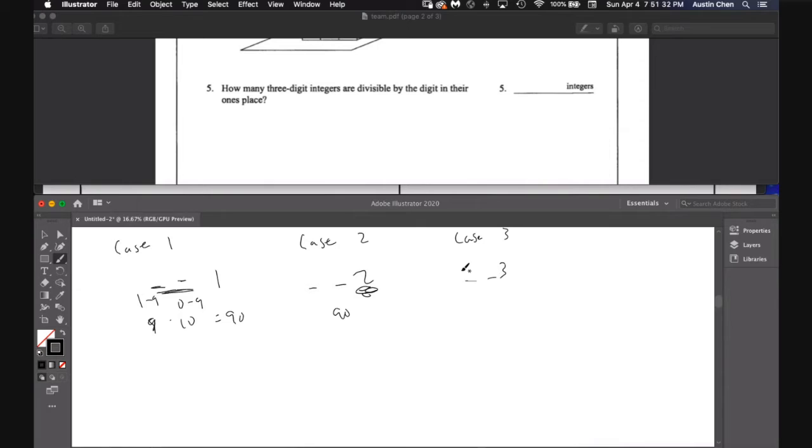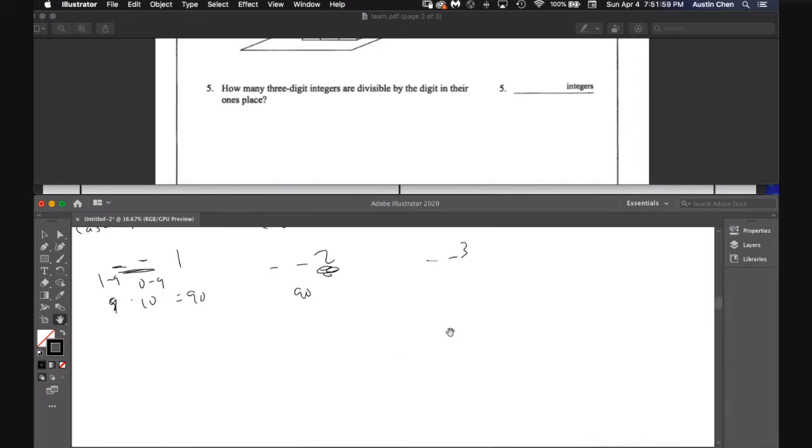And well, there's another way to do this that might be a little bit faster. You can actually just think of each of these 2-digit numbers being divisible by each of these numbers. So let's say I had a digit D, right?